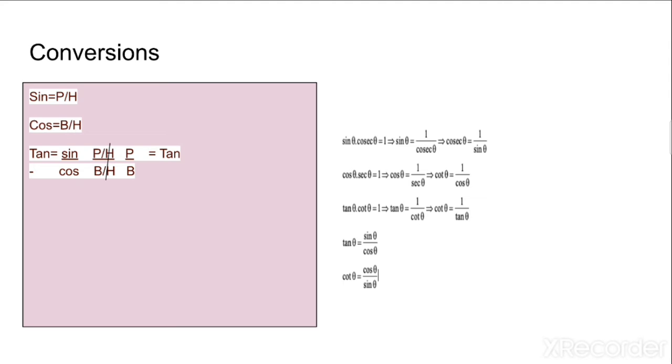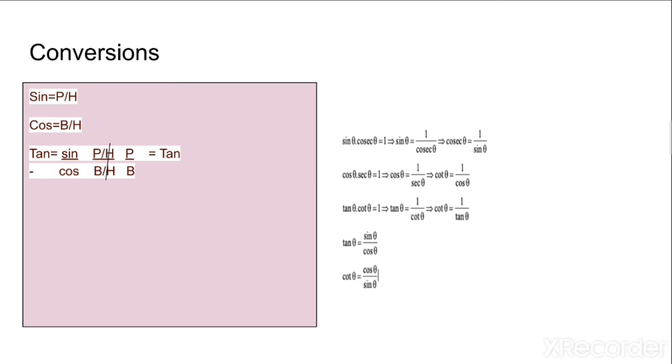When you move on with your exercises, you will see many more conversions coming up. So let's understand how. You now know how to find the sine value, cos value and tan value: P by H, B by H and P by B. When we divide sine by cos, the H and the H in the denominator get cancelled.